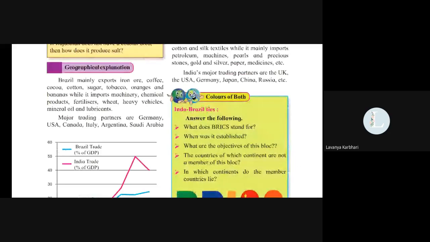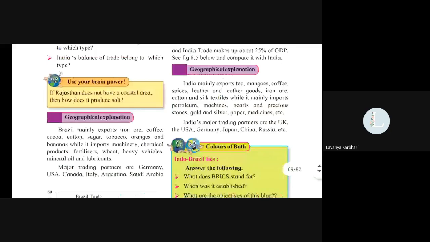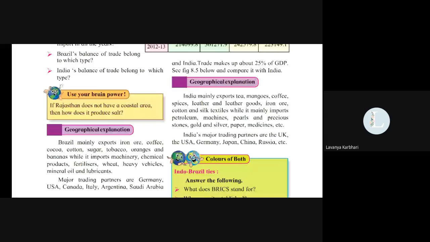Brazil's major trading partners are Germany, a European country, Italy, also a European country, also the United States of America, Canada, Argentina, Saudi Arabia, also India. It means Brazil basically imports and exports with these countries. And trade makes up about 25% of the GDP.